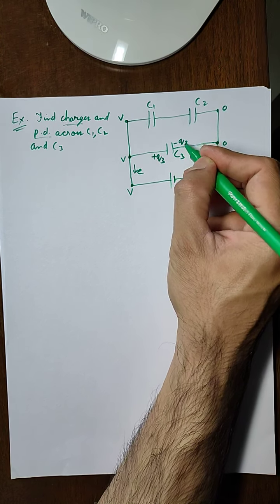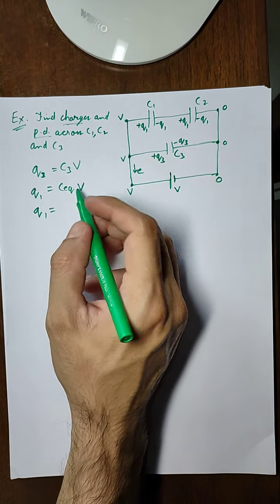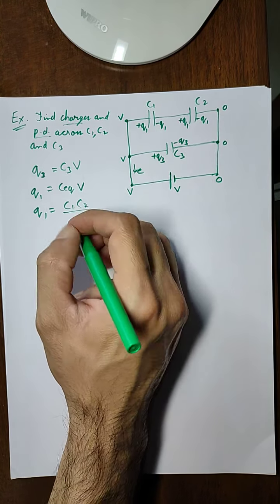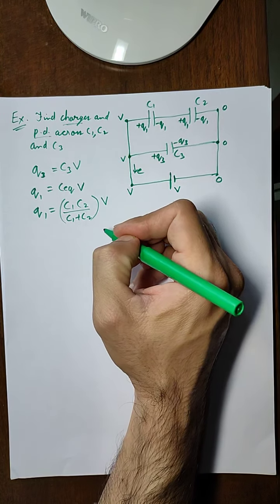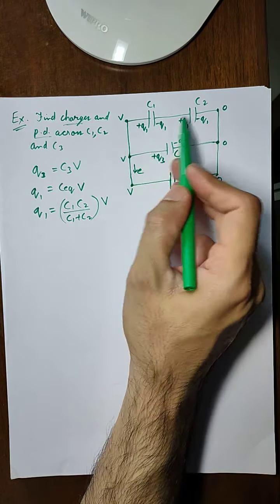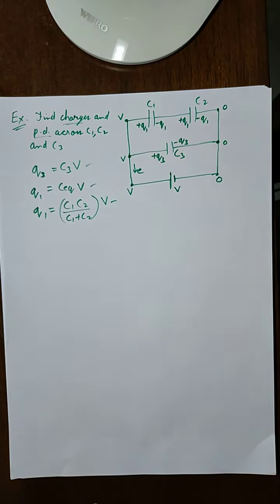In the previous video we studied that the C equivalent for a series combination is the C equivalent of C1 and C2, which are connected in series, multiplied by V. So these are the values of charges across the three capacitors.